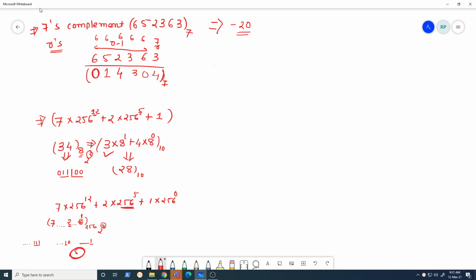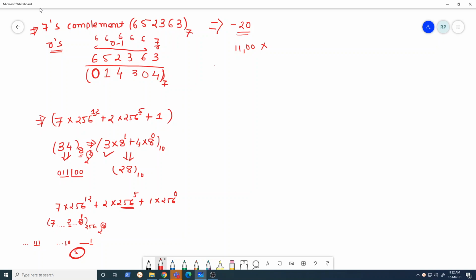Now in Booth algorithm, we are checking q0 and q minus 1, or q minus 1 and q0. If this is 1 1 or 0 0, there will be no operation, right?